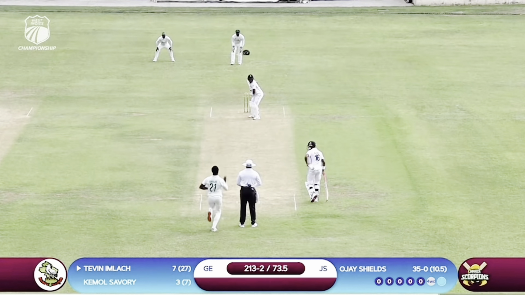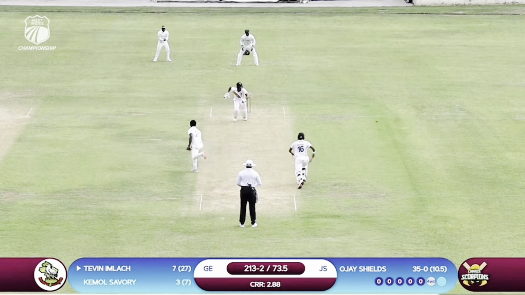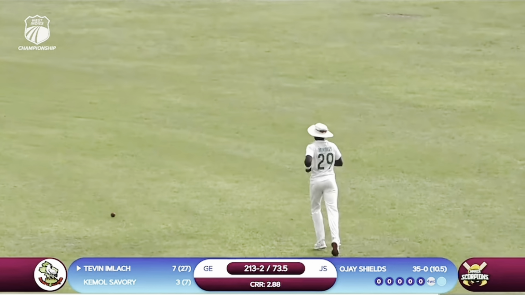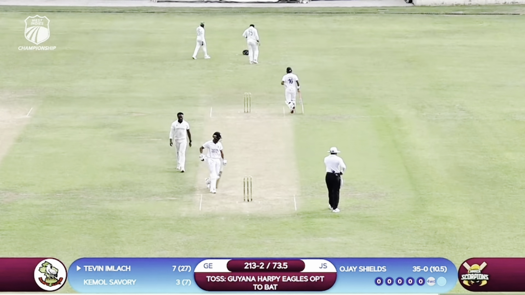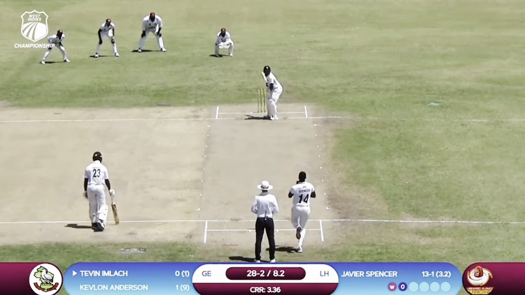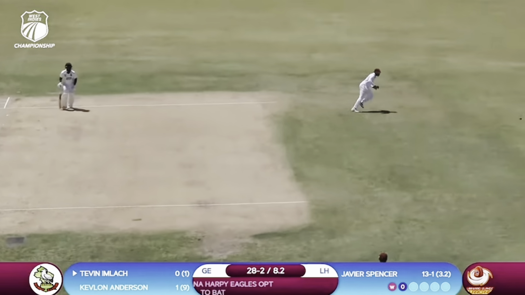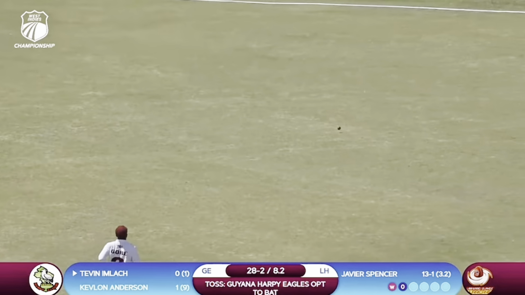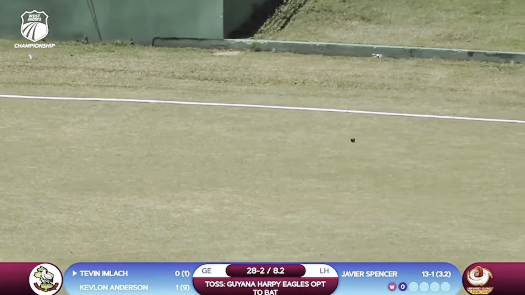So as I said, my wicketkeeper would be Tevin Imlach, right? And arguably he would be our captain as well. With the Guyana team, he was the winner of the competition and he was captain of the Guyana Harpy Eagles, right? So he would be my captain as well.